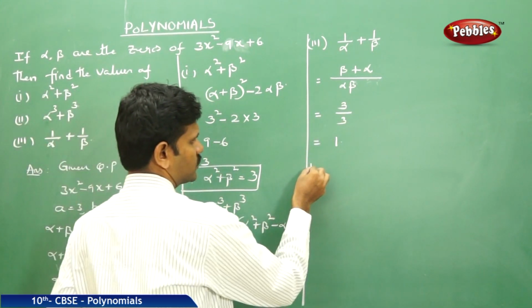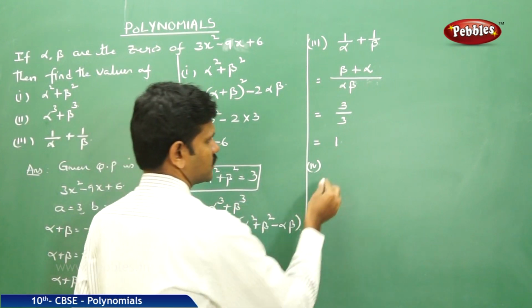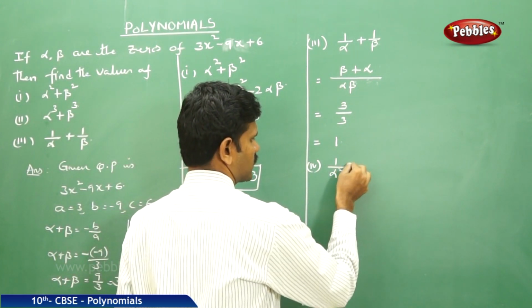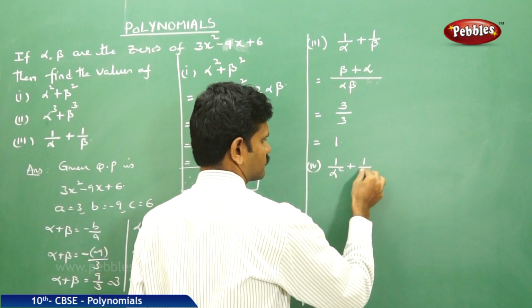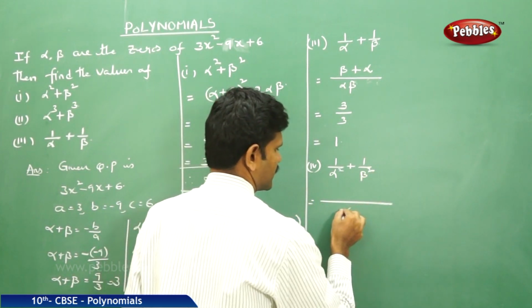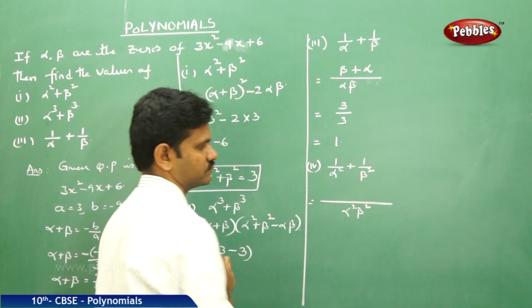Okay, next, fourth option is an addition, that is what is the value of 1 by alpha square plus 1 by beta square, that is equal to LCM is alpha square beta square.